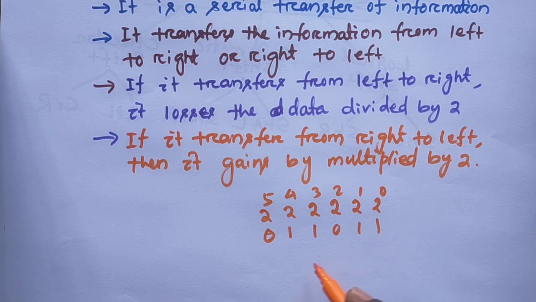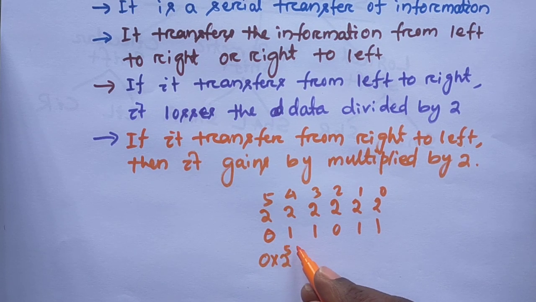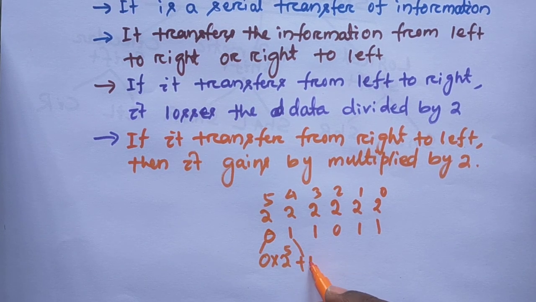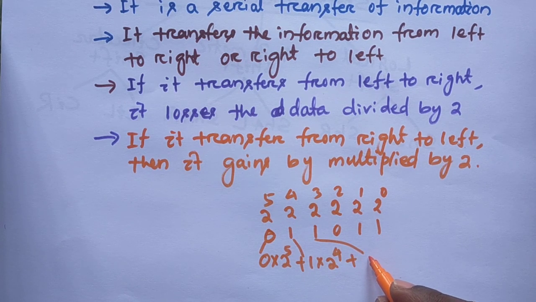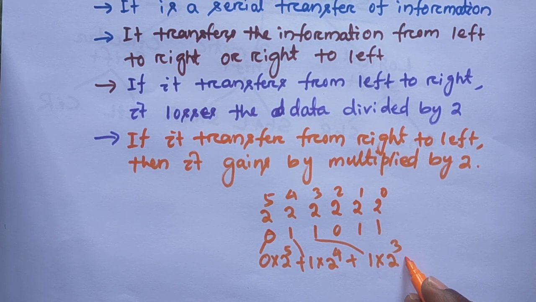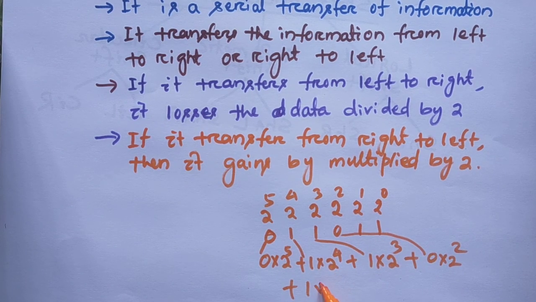Since its first position is 2 to the 5 and the bit there is 0, that means 0 into 2 to the power 5, plus 1 into 2 to the power 4, plus 1 into 2 to the power 3, plus 0 into 2 to the power 2, plus 1 into 2 to the power 1, plus 1 into 2 to the power 0.